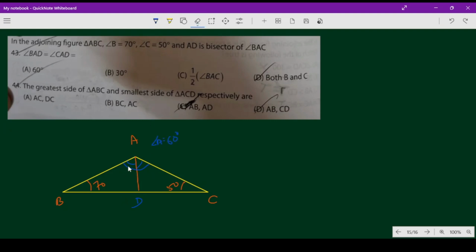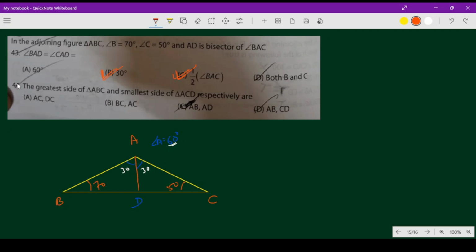Now, as AD is the bisector of angle A, and angle A is 60, this is 30 and this is also 30. Now look at angle BAD, which is 30. So option B is correct, and option C is also correct, because angle BAD is half of angle BAC. So both option B as well as option C are correct.